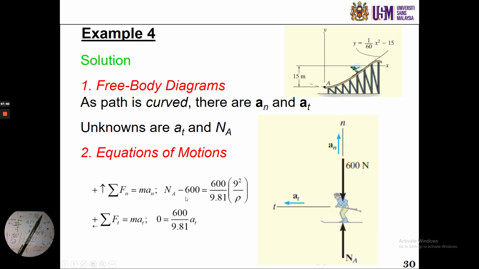We have N minus the weight equals 600 divided by 9.81, this is the mass, times 81, the v squared, divided by rho. And then for the tangential part, the force is 0. There is no force there, so this is nothing. You don't have to write that.